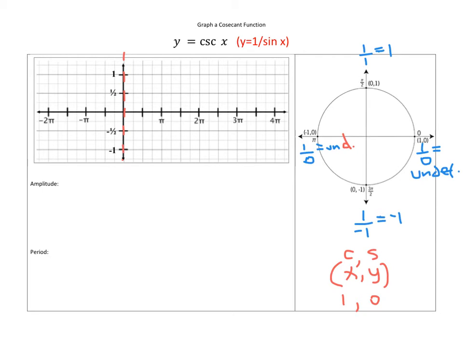And I see it's again undefined at pi, the same as 180 degrees. And this process is going to continue, so every pi, I make an asymptote. Then my next step is to graph the function.